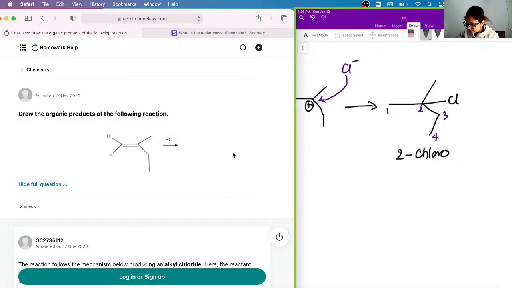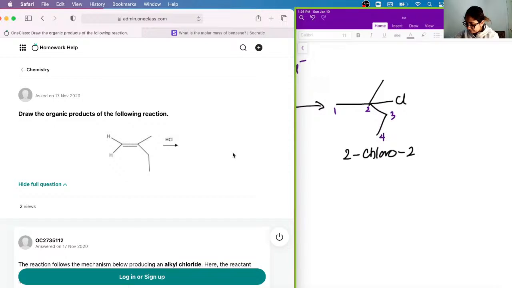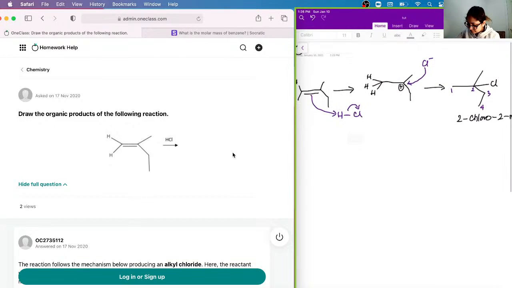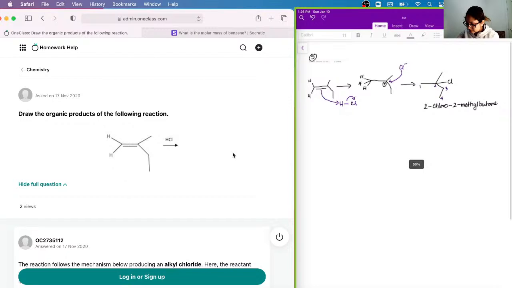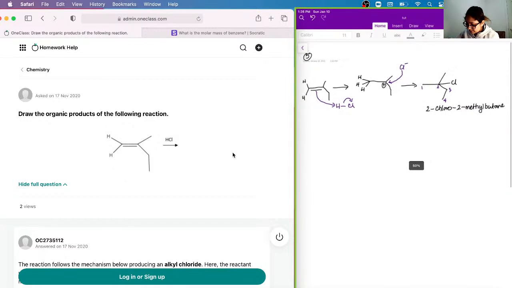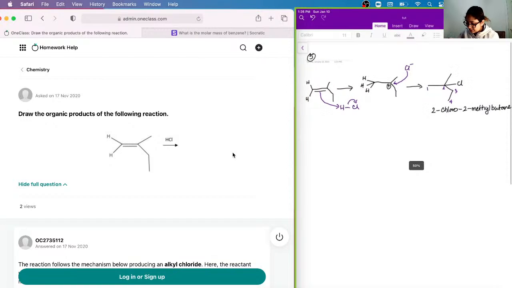So you have 2 chloro 2 methyl butane. Since we said it will give rise to an alkyl chloride, and we know it did, this is your product.